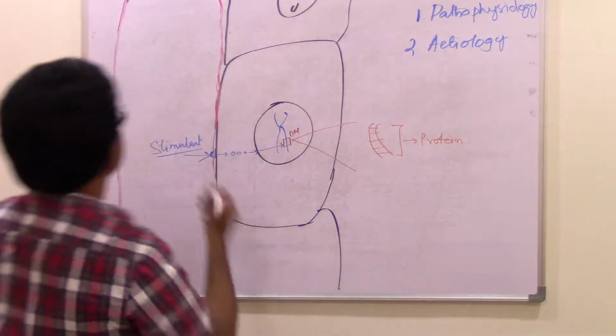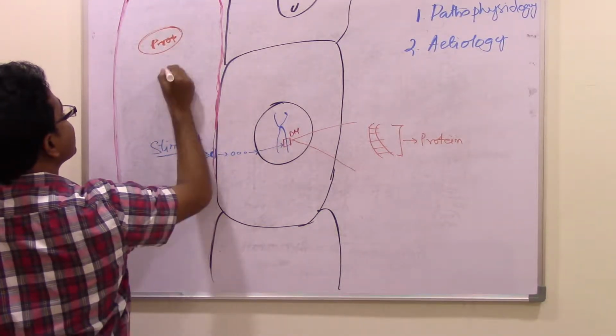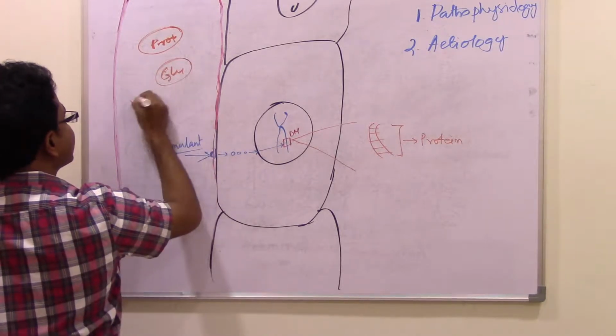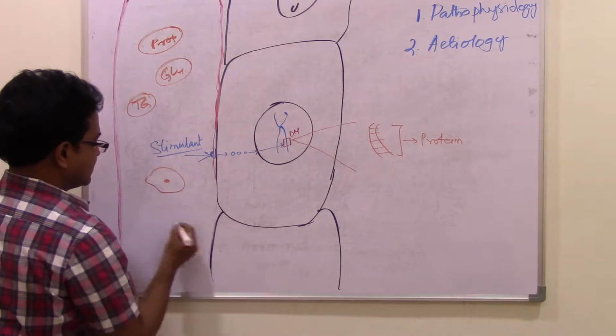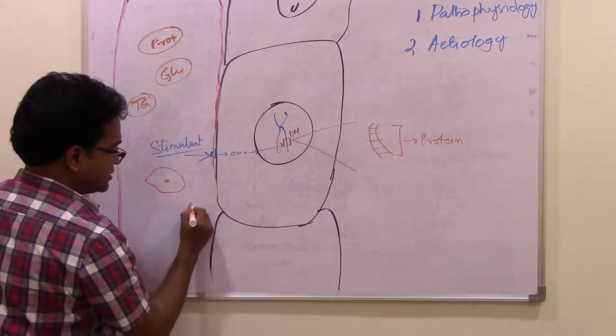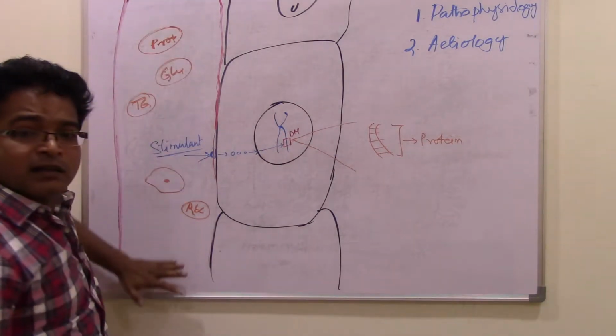I mean, you have proteins, okay, glucose, triglycerides, and white blood cells, red blood cells, RBCs. So this is the internal environment.